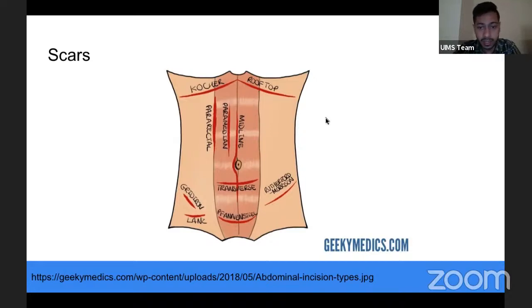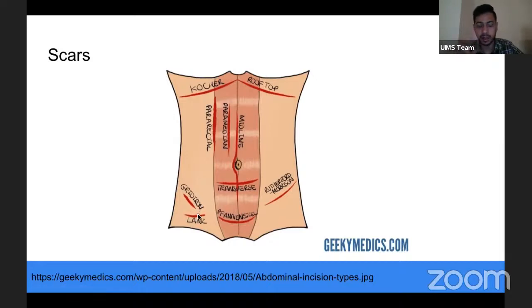In the midline, we can see that there's a midline incision, there's a paraumbilical, etc. In the right iliac fossa, we can see a typical gridiron incision, which is usually where the incision is made to take out an appendix. So it's usually an open appendicectomy.